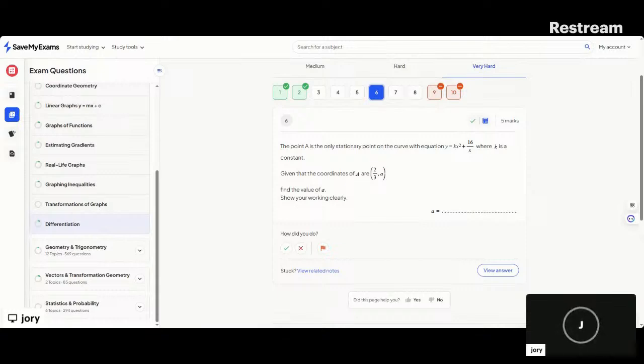So it's 2 times that, 2 divided by 3 times 2 is 4 over 3k. 4 over 3k equals 0. 36 times 3 divided by 4, k equals 27.